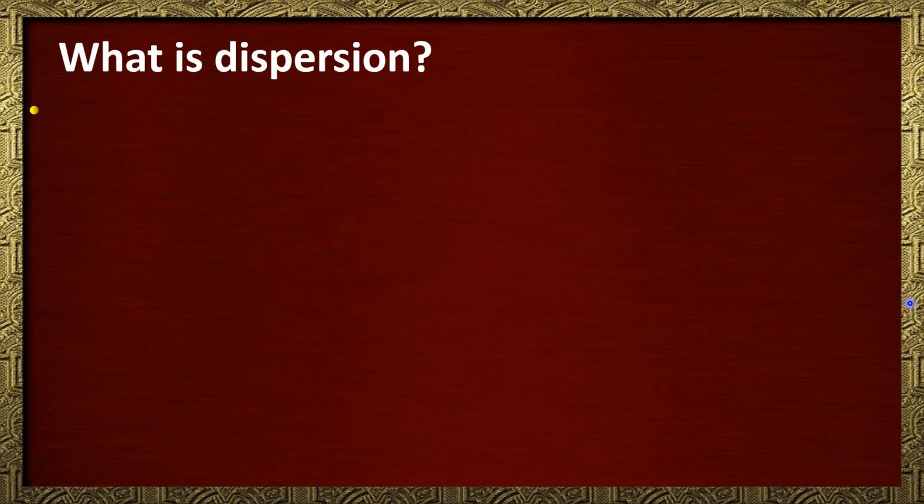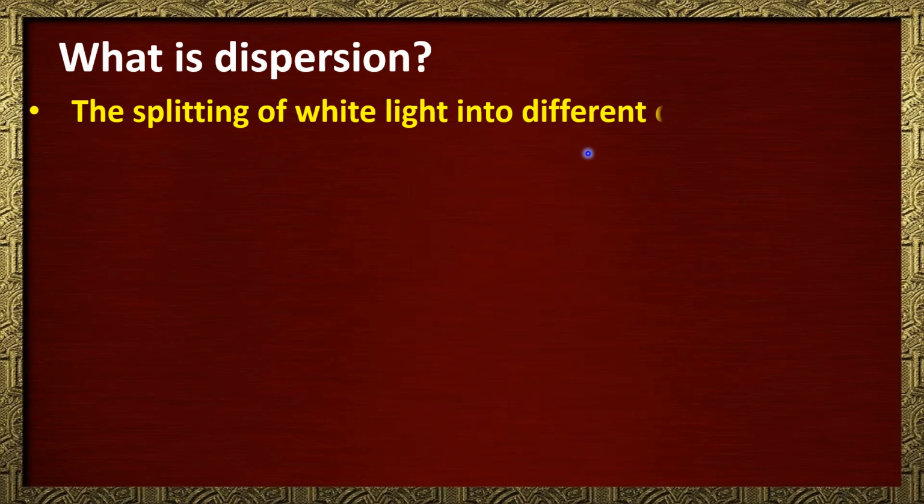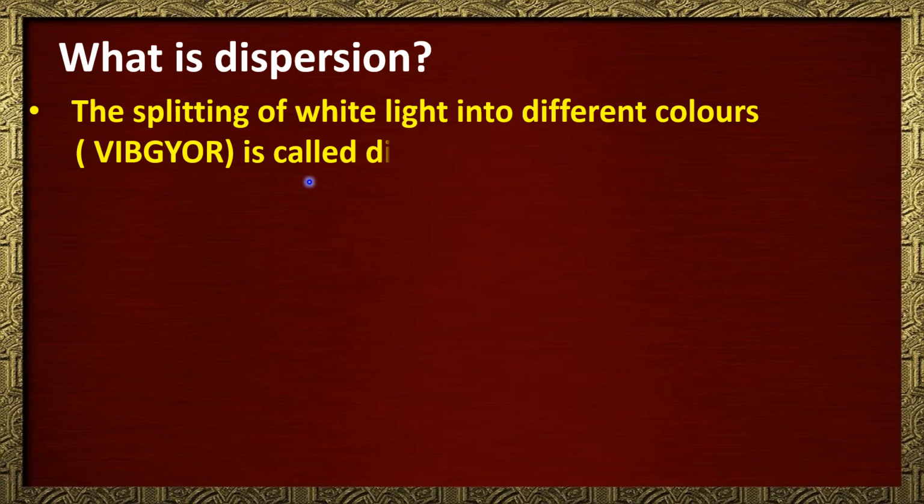So next here I am showing you what is dispersion. First, I will tell you the definition of dispersion. See here, the splitting of white light into different colors is called dispersion, and those different colors are violet, indigo, blue, green, yellow, orange, red, from bottom to top.